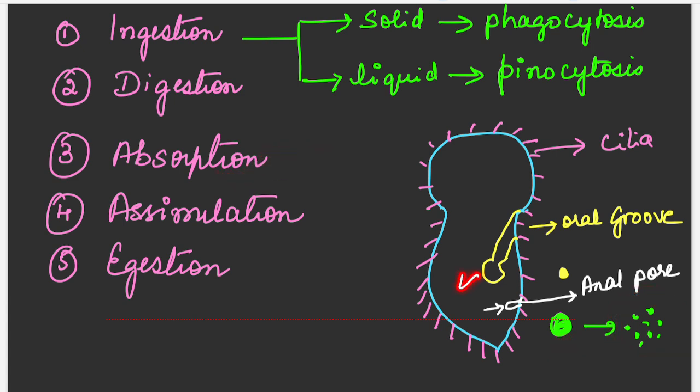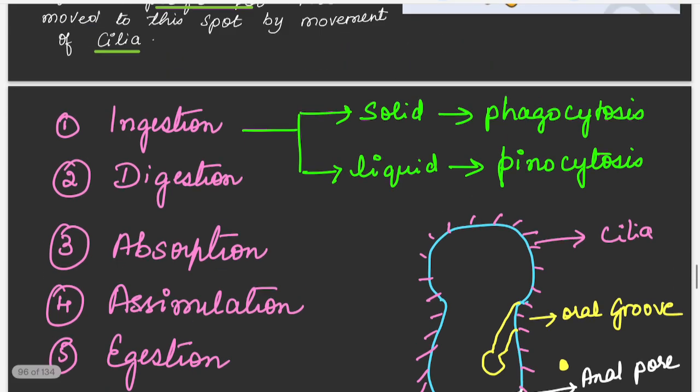Then absorption will take place, and it will be absorbed into the cytoplasm. Then assimilation: it will be used up by the paramecium, and unwanted material will be thrown out. Through a small opening called the anal pore, it will be thrown out.